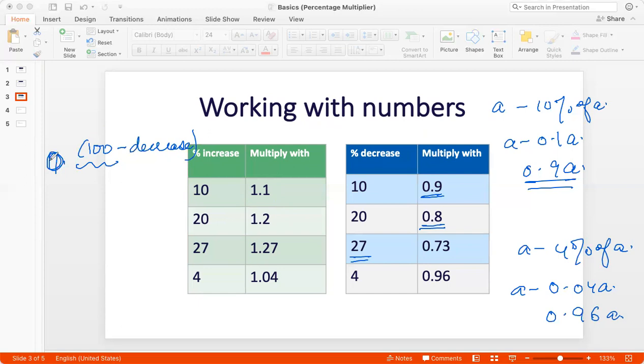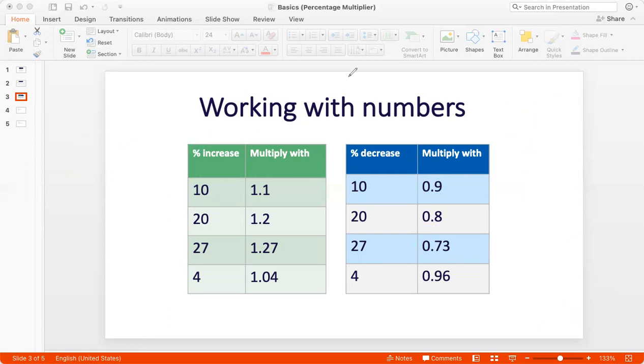If I subtract 27 from 100, I get 73. So a 27% decrease would be 0.73. If I subtract 20 from 100, I get 80. So 0.80 is the multiplier, and so on. So when you practice and you get familiar with this, this would come naturally to you, and you would be able to use this technique to solve percentage change questions really fast.